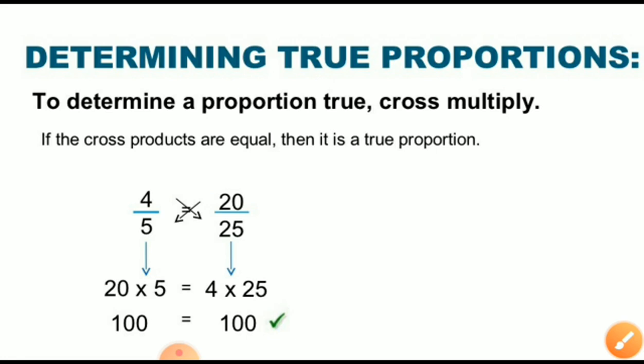Both the sides are 100. So that means our proportion is true. Our proportion is right. Anyone has doubt regarding this one, students? No doubt. Very clearly said. Whenever we want to say whether these are in proportion or not, we have to cross multiply.